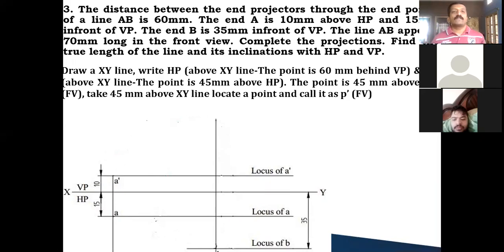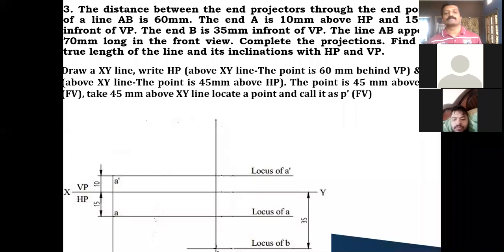After this, what he has given: the end B is 35 millimeter in front of VP. In front of VP means below the XY line. You take 35 millimeter below the XY line and draw one more horizontal projector line. Call it the locus of B. Done. He also says the line appears 70 millimeter long in the front view.